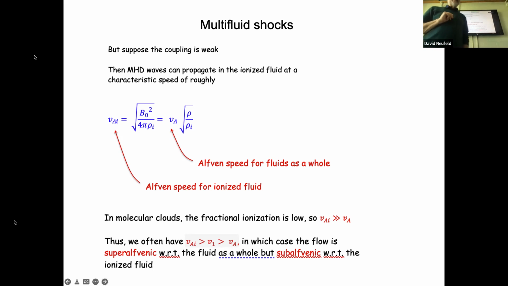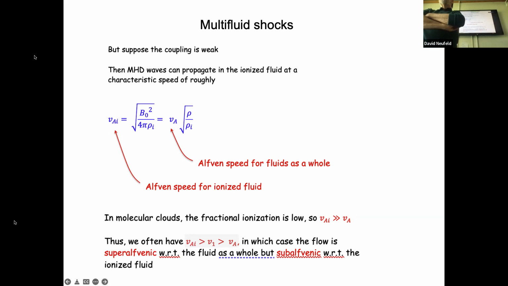And the Alfvén speed depends on this quantity shown here: the square of the magnetic field divided by 4 pi times the density of ions, all to the 1/2 power, in Gaussian units. So if the ions carry only a small part of the mass and were decoupled from the neutrals, then waves could propagate at much larger speeds, perhaps 100 times larger in this ionized fluid.